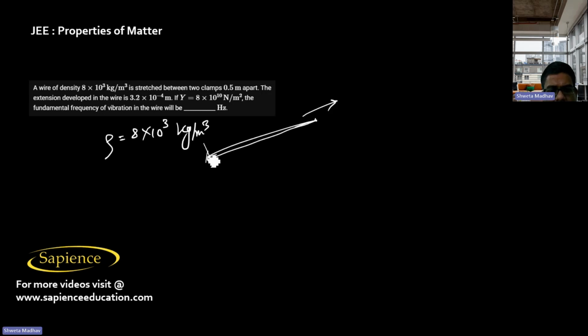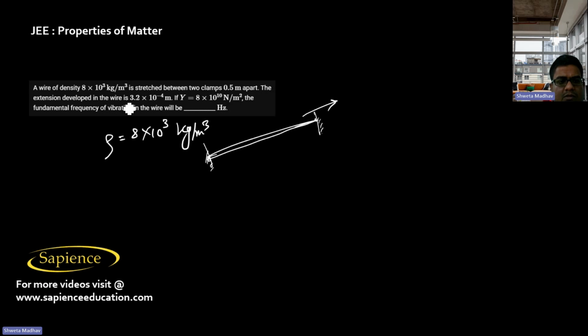Then it is told a wire of density 8 into 10 power 3 kg per meter cube is stretched between two clamps 0.5 meter apart.